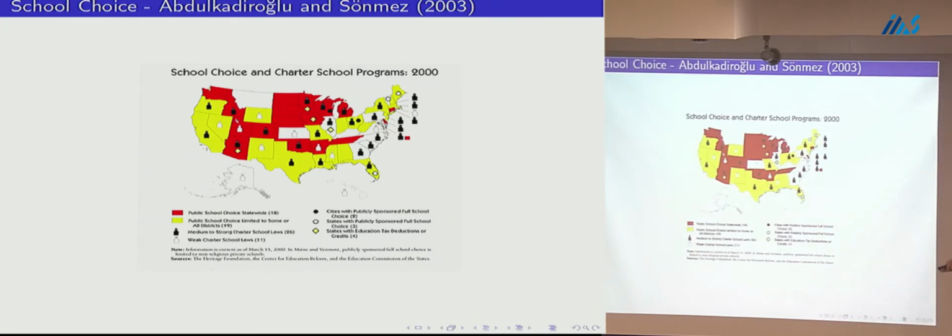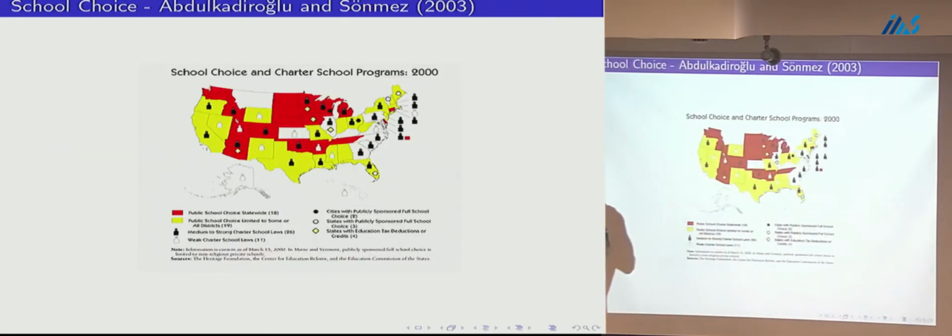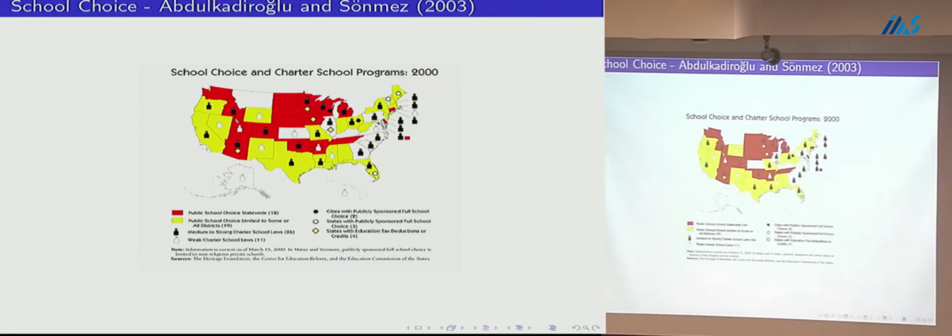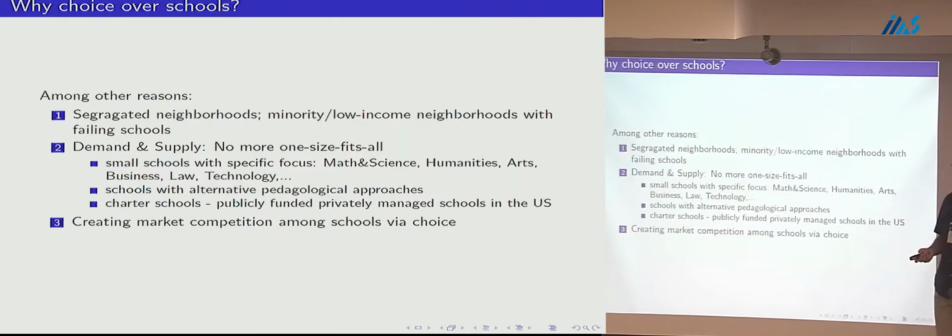So then, what is choice? You live in a certain neighborhood. Your neighborhood offers you certain options about schools, but you are no longer supposed to go to your neighborhood school. You can choose from the schools that your school district offers. And there are many reasons for offering a choice plan.